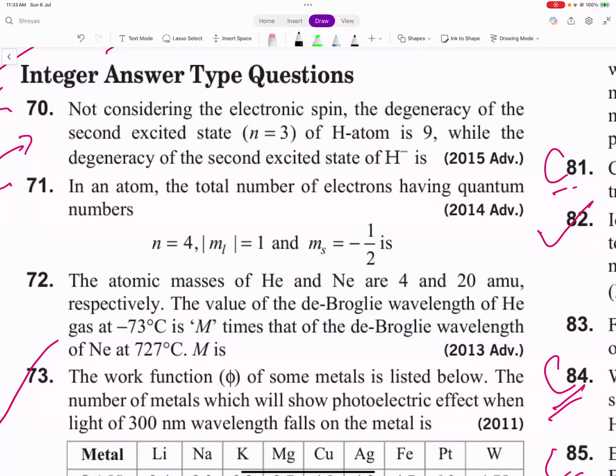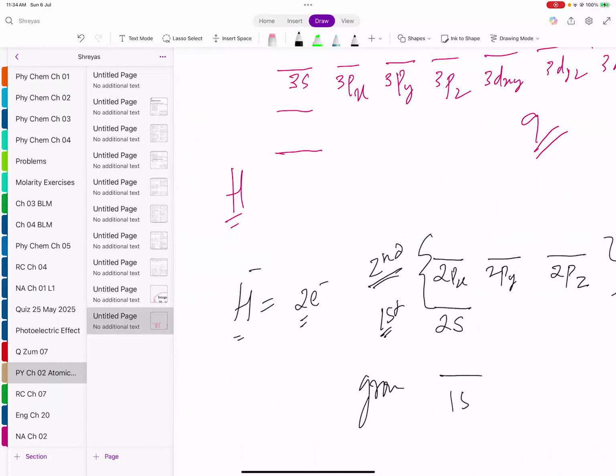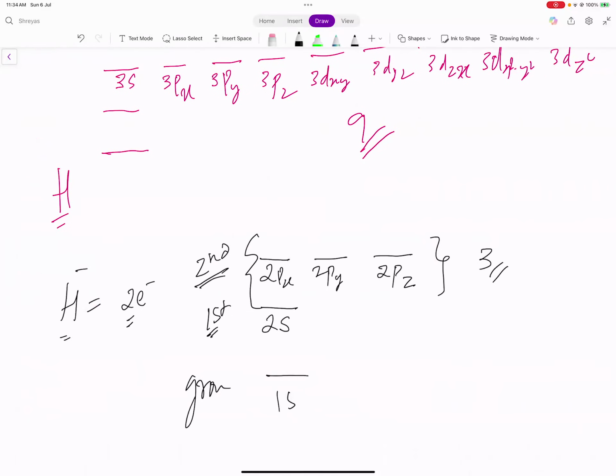Now you got it? I mean, not exactly, sir. I told you the 2px 2py thing. What do you want to ask? Sir, I didn't really understand how 2px, 2py and 2pz come on top.